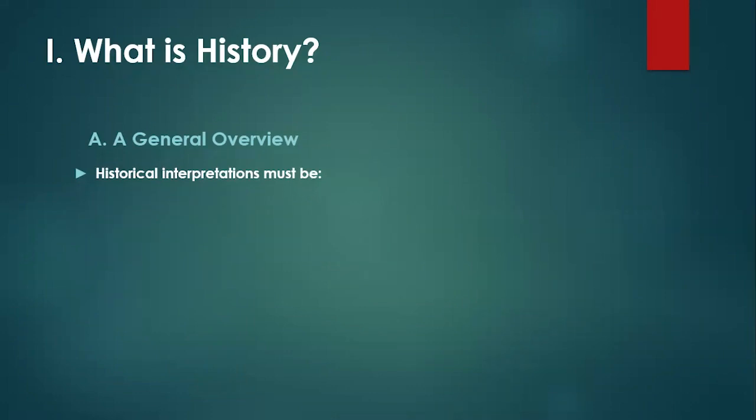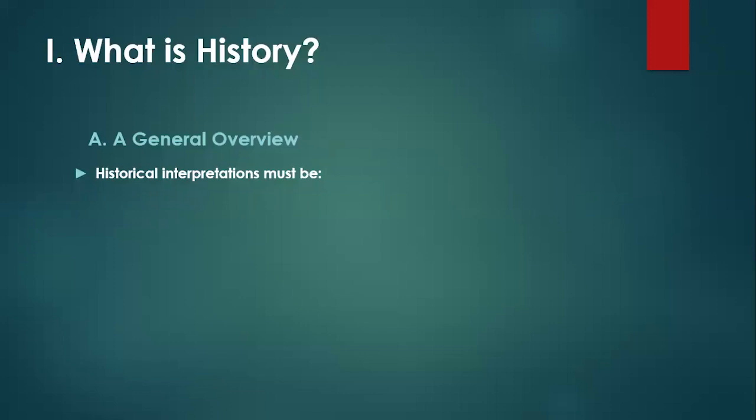My interpretation as an educated individual in the 21st century who's been through a master's program in history in the 21st century is going to be far different than, say, your dad's high school coach who taught him history, okay? Historical interpretations must meet a few criteria to really be taken seriously, all right?